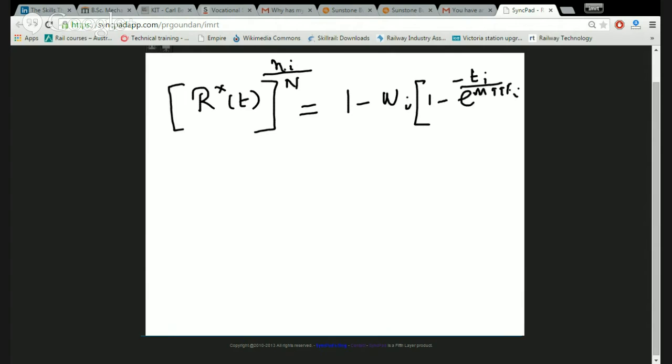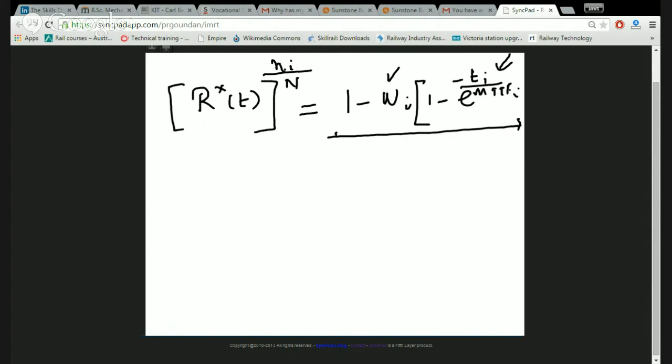Okay. So, this is the survival probability of the subsystem by taking into account the weighting factor. This is the failure probability here, 1 minus survival, so weighting factor multiplication. So this is the reliability of the subsystem in terms of the weighting factor.